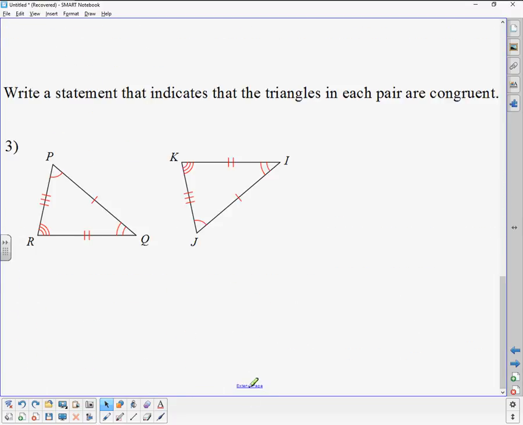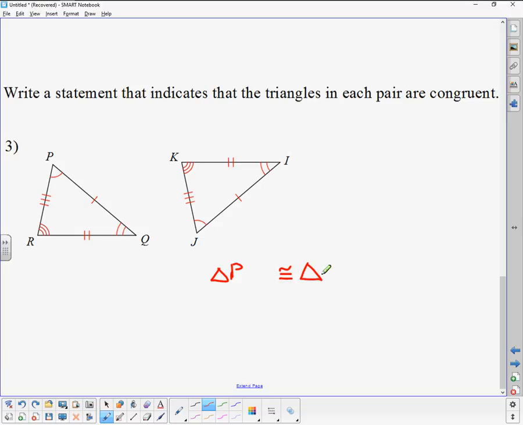Okay, last example. It says the following: write a statement that indicates that the triangles in each pair are congruent. So here's what I'm going to do. I'm going to write one triangle is congruent to the other triangle. Now, who you start with, it doesn't matter. I'm going to start with this side over here. I'm going to put one tick mark, angle P. Now, who has one tick mark over here?